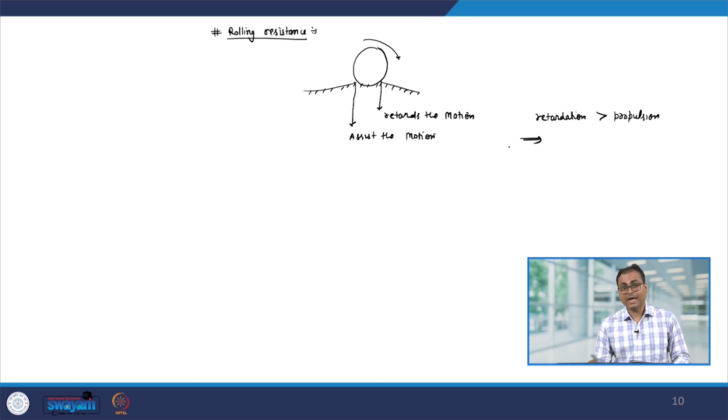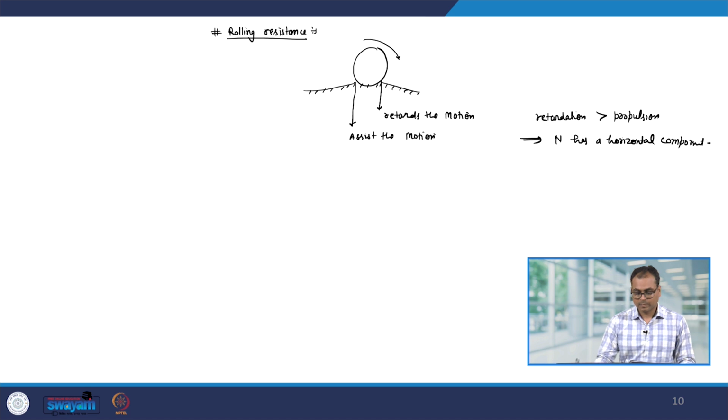and because of that the normal force N has a horizontal component, and because of that you have to apply a force to keep the wheel rolling at a constant velocity. Okay.